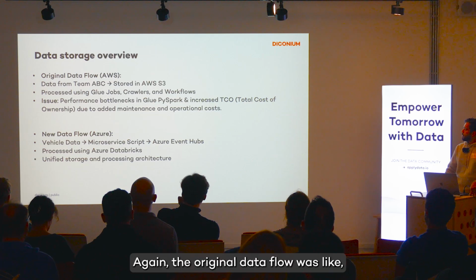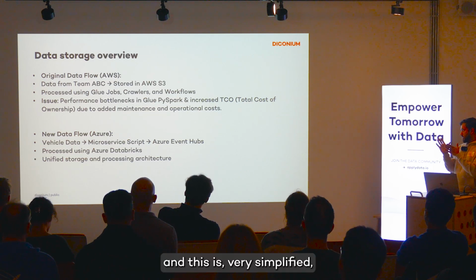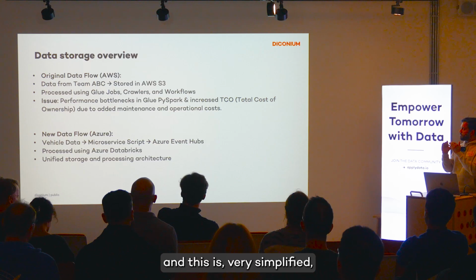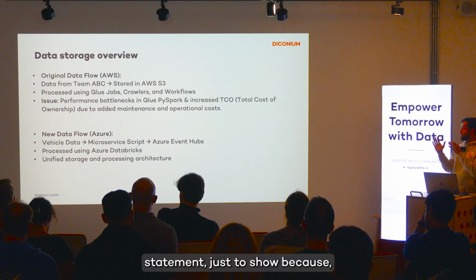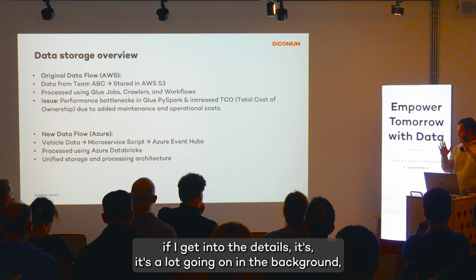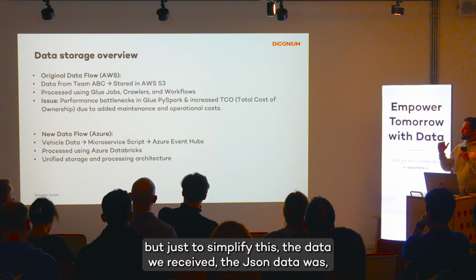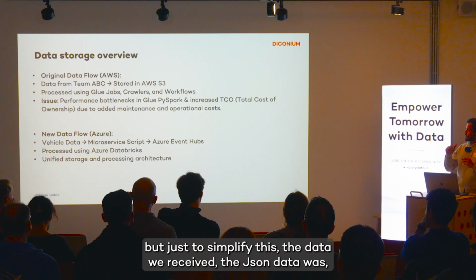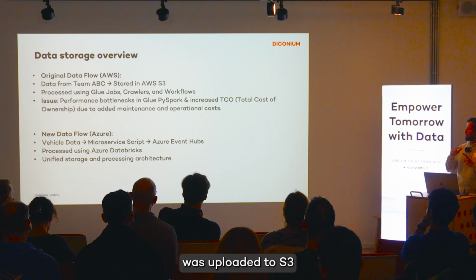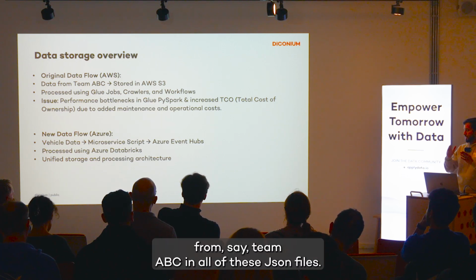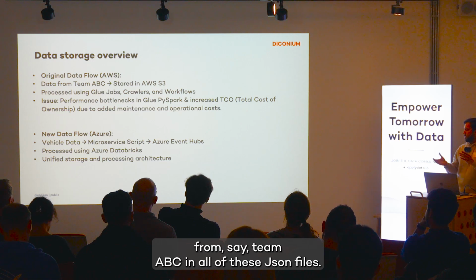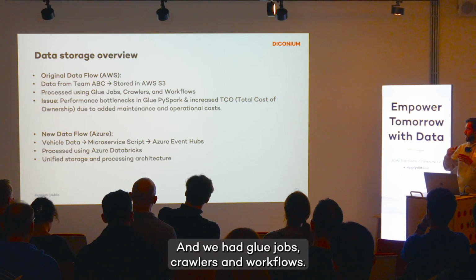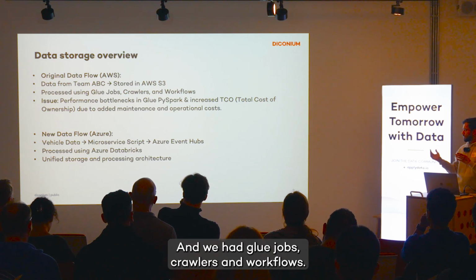Again, the original data flow was like, and this is a very simplified statement, just to show, because if I get into the details, it's a lot going on in the background. The JSON data we received was uploaded to S3 from, say, team ABC in all of these JSON files, and we had Glue jobs, crawlers, and workflows.